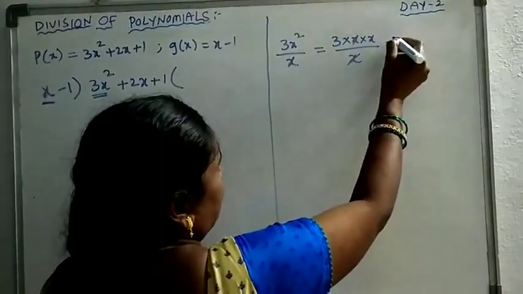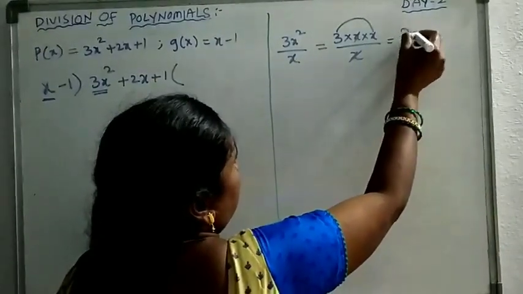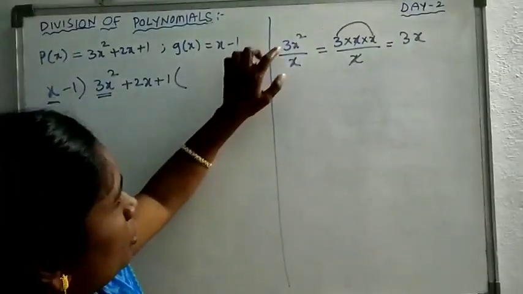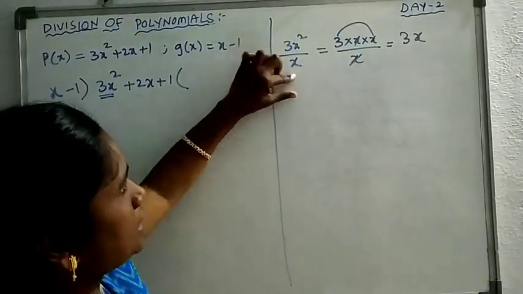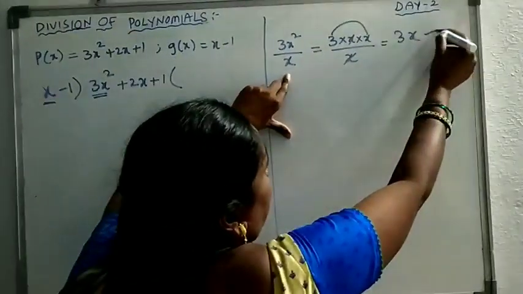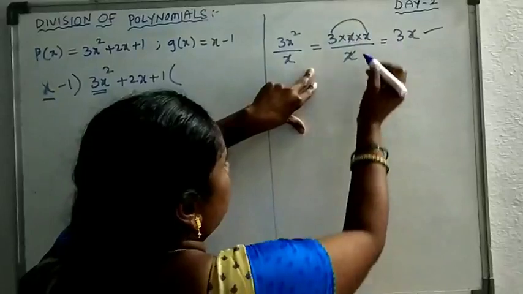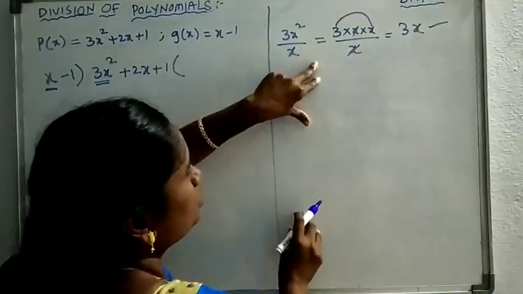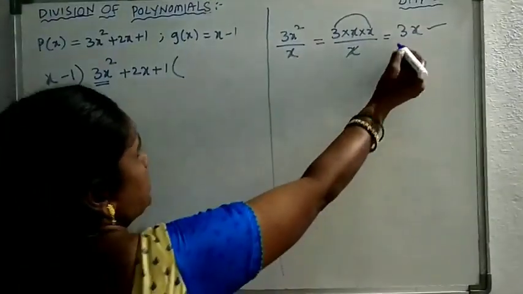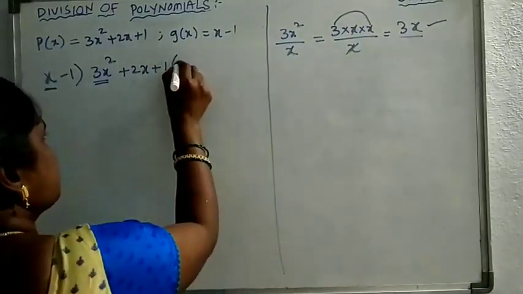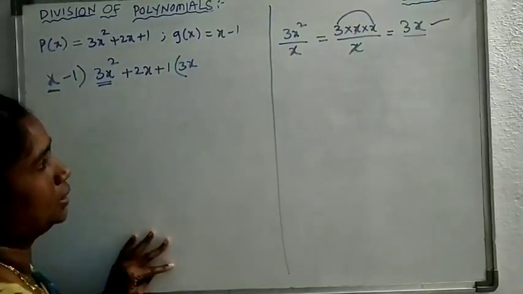X and x getting cancelled. The remaining terms are 3x. If you know directly 3x square by x, you can write directly 3x if you know clearly. Otherwise, you can split x square as x into x. Now, this 3x is the first term of our quotient.